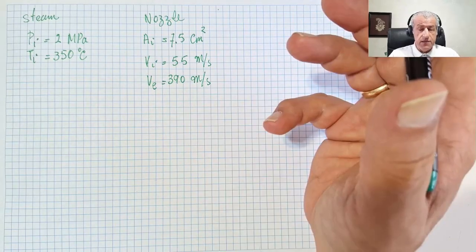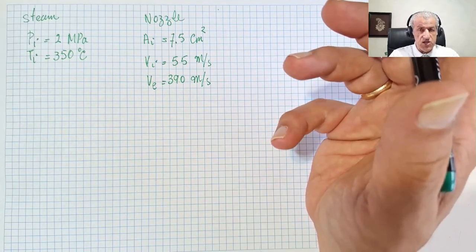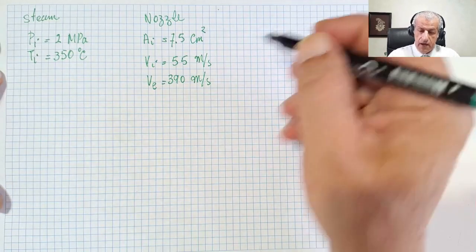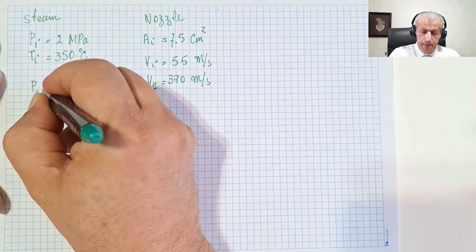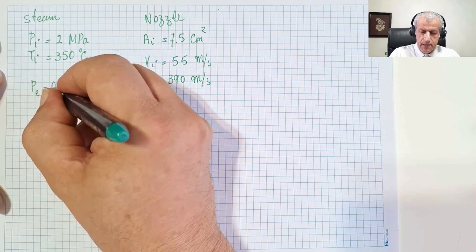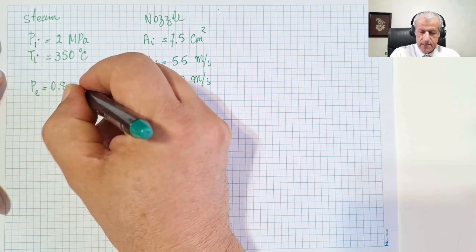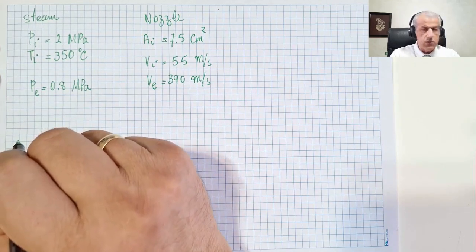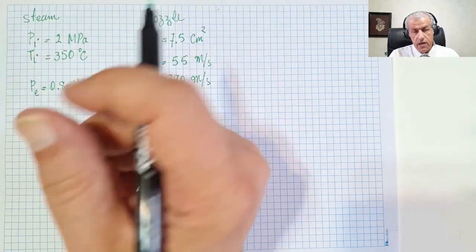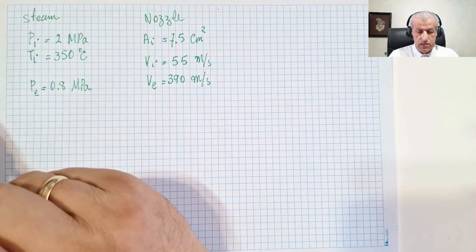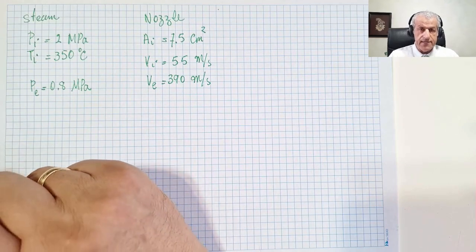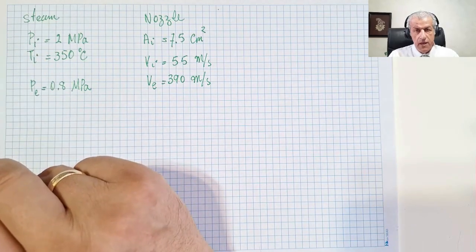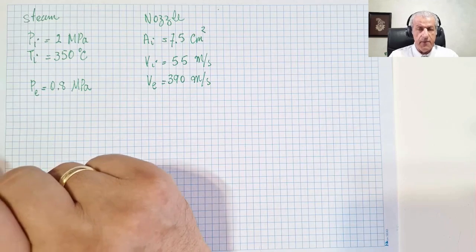And what we need to achieve such change in velocity is the pressure difference, and therefore at exit PE equals 0.8 megapascal. And now what we want to do is to solve all thermodynamic equations for this nozzle and see how much irreversibility we get from it, and calculate different nozzle parameters.